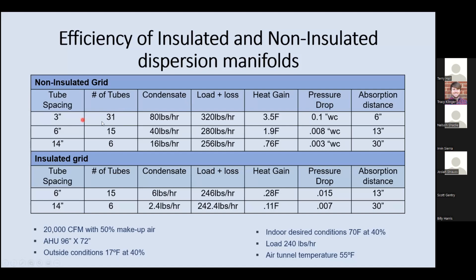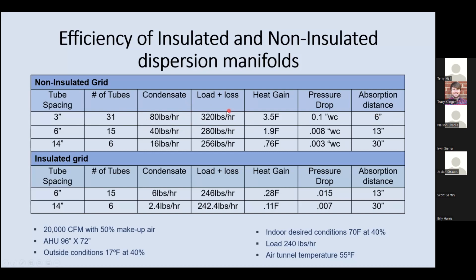If we have a really short absorption distance of 6 inches on an uninsulated grid, you're producing roughly 80 pounds per hour of condensate. That's a lot. That's like 25 or 27 or a little more kilowatts down the drain all the time. That can push you above the capacity of your humidifier.